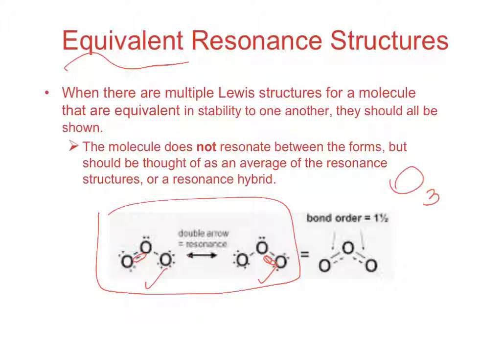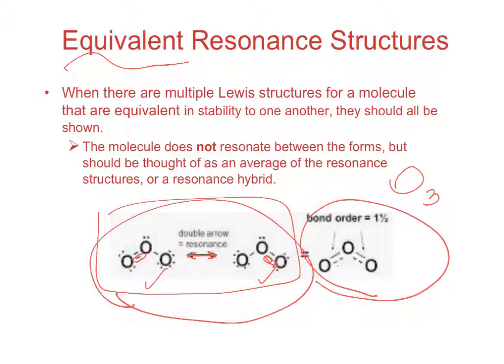They do not go back and forth between one structure and another. This double bond is not bouncing back and forth. Rather, think of the overall Lewis structure for ozone as an average of the equivalent resonance structures, or hybrid, which kind of means the same thing. So it's just merging these two equivalent structures.